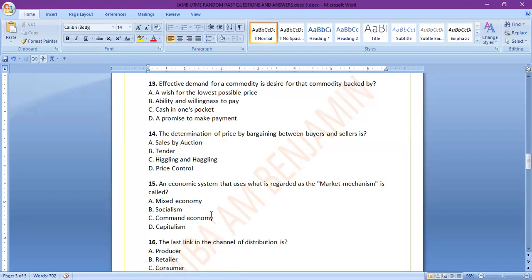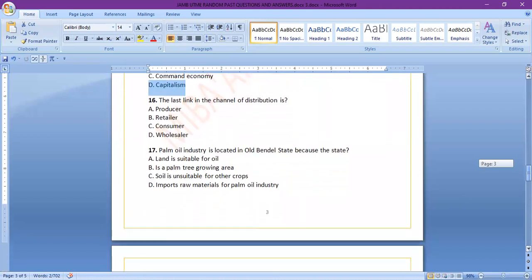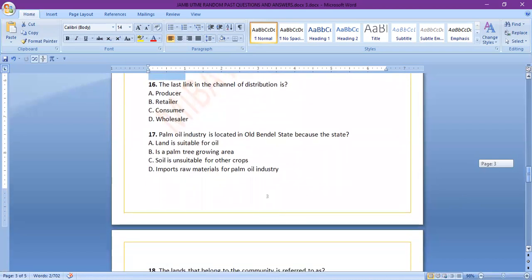I believe all of you will know the answer to this. It is capitalism. Market mechanism is basically the feature of capitalism, where you have the invisible hand, or the interaction between demand and supply, operating at equilibrium.